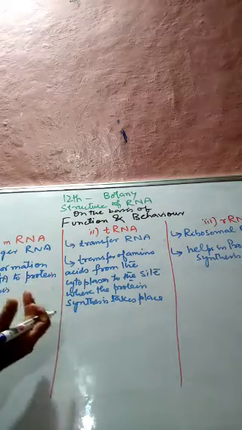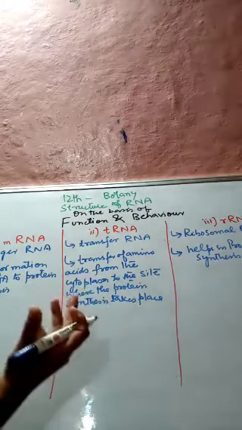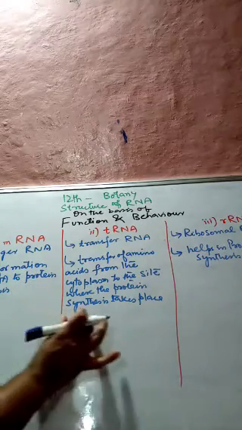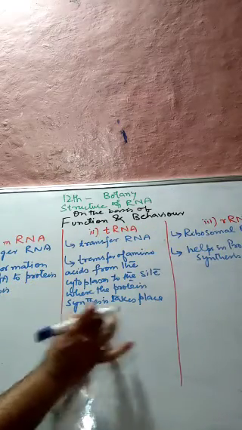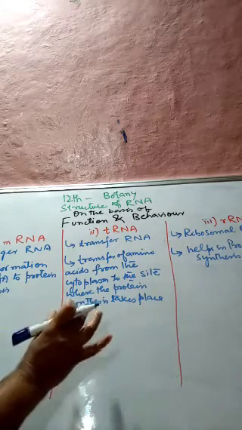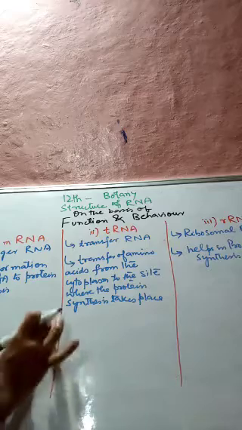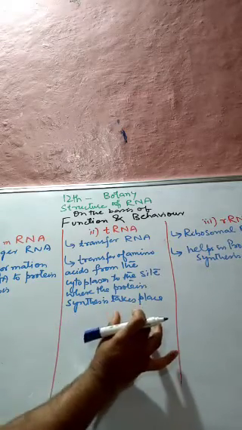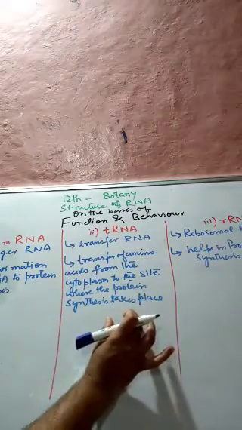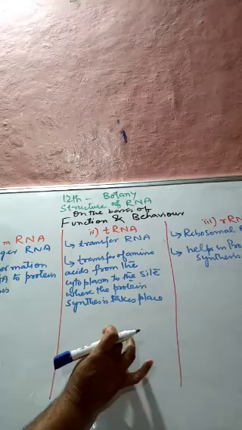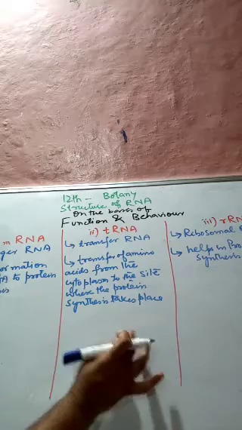It's a single-stranded RNA. There are main differences between DNA and RNA. First, DNA is double-stranded and RNA is single-stranded. Second, there's a difference in the nitrogen bases. Purines are the same in both, but there's a difference in the pyrimidines. In case of DNA, it is cytosine and thymine, but in case of RNA, it is cytosine and uracil.